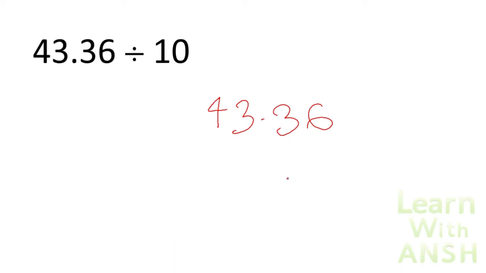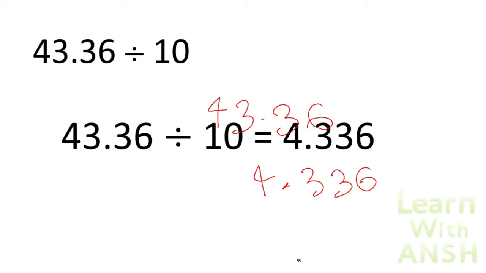So the decimal point will shift one place to the left as there's 1 zero in our power of 10. So we get 4.336, and that's our answer. And we are right, the right answer is also 4.336.